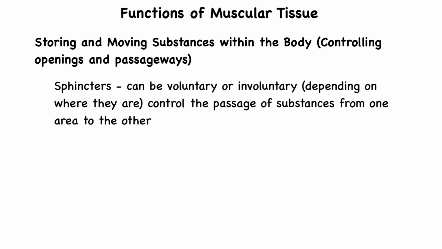Muscles also participate in storing and moving substances within the body, or we can lump that with controlling, opening, and closing passageways. Muscles can control opening and passageways, and we see this when things are moving through the body. There are muscles that form what are called sphincters, and these sphincters usually have a voluntary skeletal muscle and an involuntary smooth muscle associated with them.